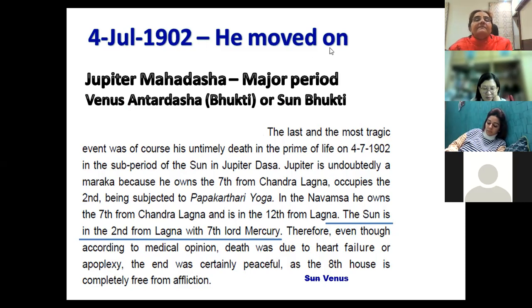Now this is when he died. Jupiter Mahadasha major period and Venus Antardasha. In my calculation it is coming Venus Antardasha, but B V Raman is saying it is Sun Bhukti. Never mind. Even B V Raman has proved it with Sun, but even Venus we can prove it.